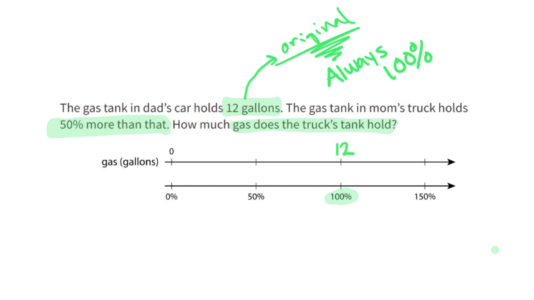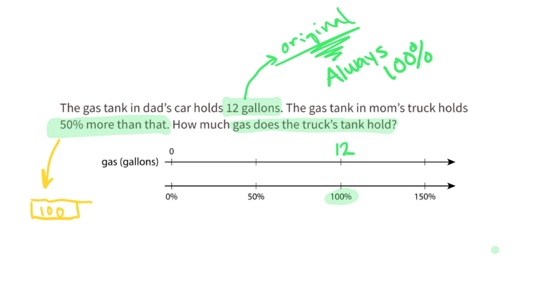The gas tank in Mom's truck holds 50% more than that. I'm going to take this 50% more and just talk about one thing that is a review. If I knew my original amount, let's say my original amount was 100%, and I have 50% more than 100%, that more means we are adding.